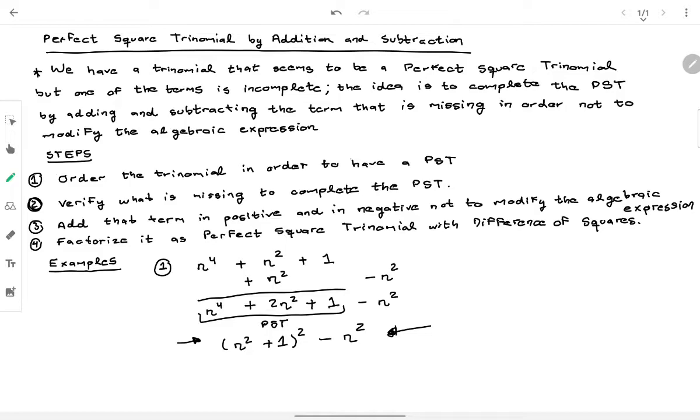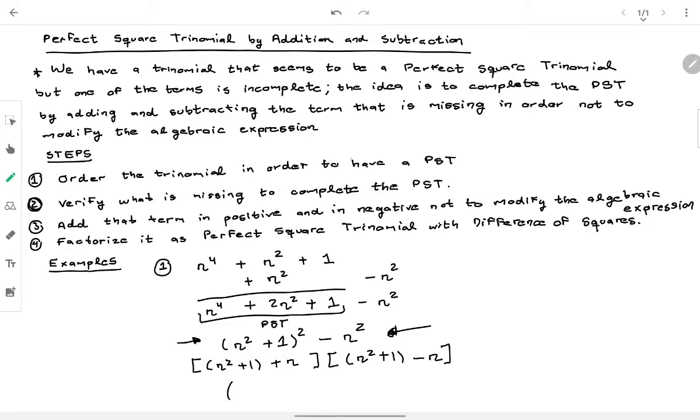So we can continue doing this one, and I will open up one bracket, and it's going to be n squared plus 1. And in the other one, it will be also n squared plus 1. Remember, the one that it's positive goes positive on both parentheses. The square root of the one that it's negative is going to be positive on the first one, negative on the second one.